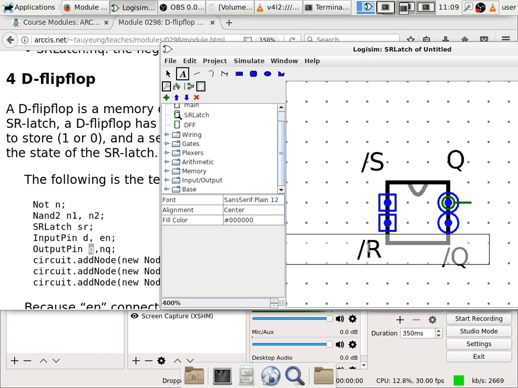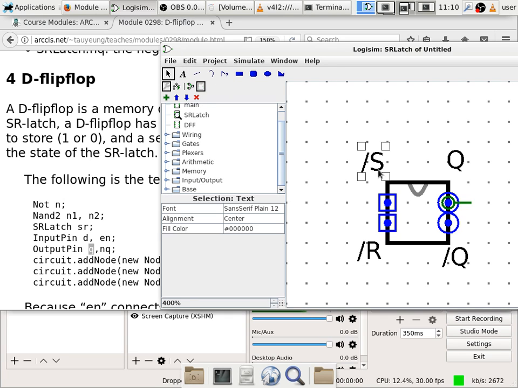The slash is basically negation or active low. So what this is saying is that the set signal is active low, so is the reset signal. When that particular signal is high or 1, it means don't do anything, we are not going to set or reset anything. If one of them goes low, it means we are either setting or we are resetting. Whichever one goes low is the function that we're activating.